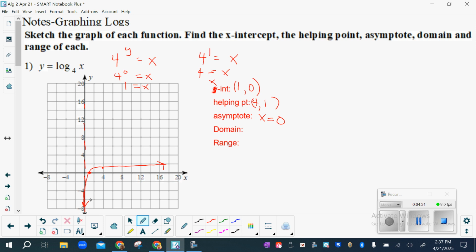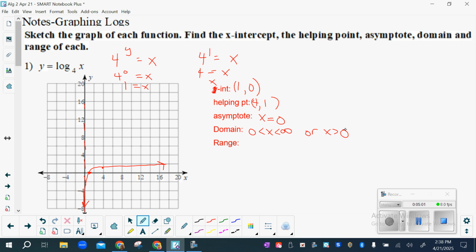So what's my domain? X is greater than 0, or 0 less than x less than infinity. You can write it either way; I don't care which. Now somebody besides Derek, what would the range be?